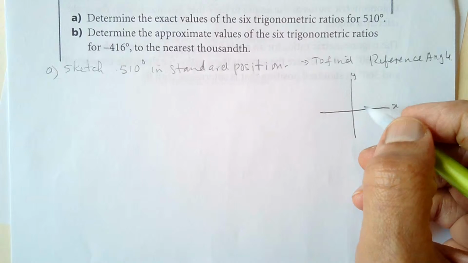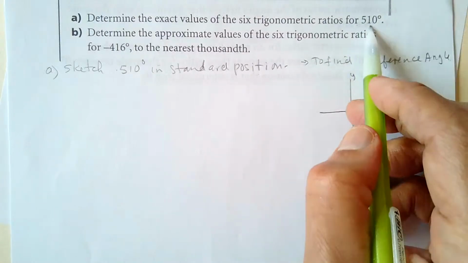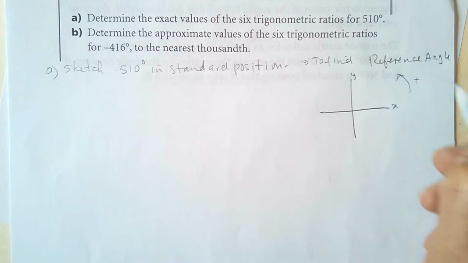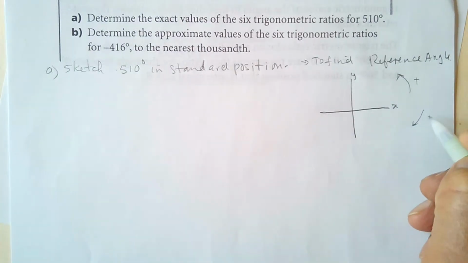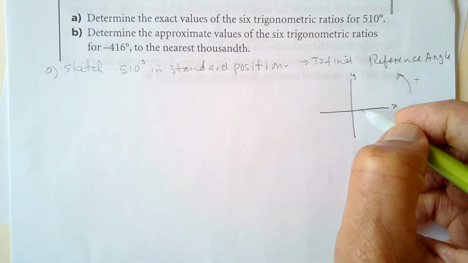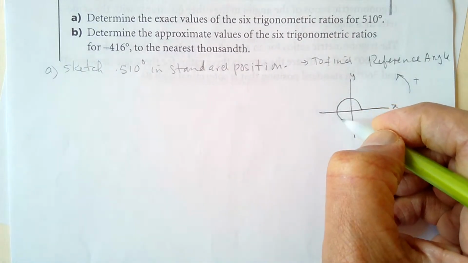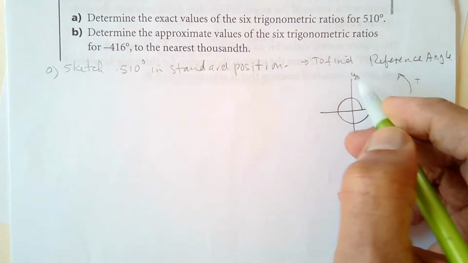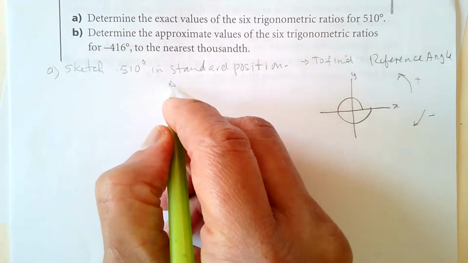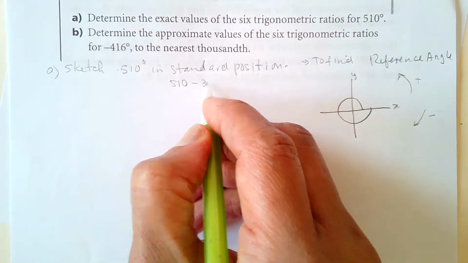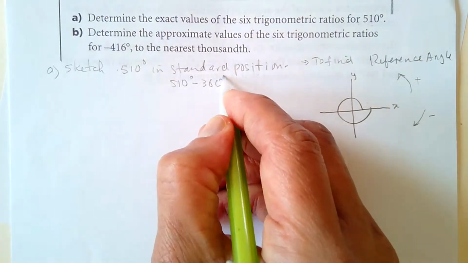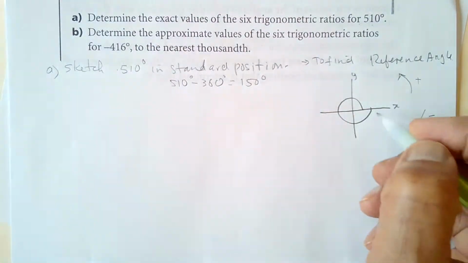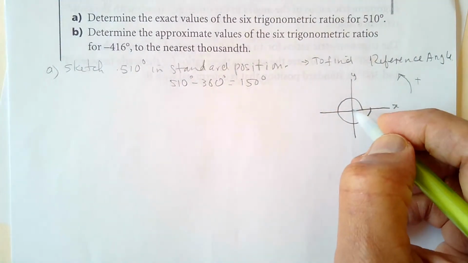Because it's positive, we're going counterclockwise. Remember, positive, you're going this way, and negative going down. So I'm going 360. Now, to find the reference triangle, we have 510 minus 360. That will give me 150 degrees. So now this is 360, so I need 150.